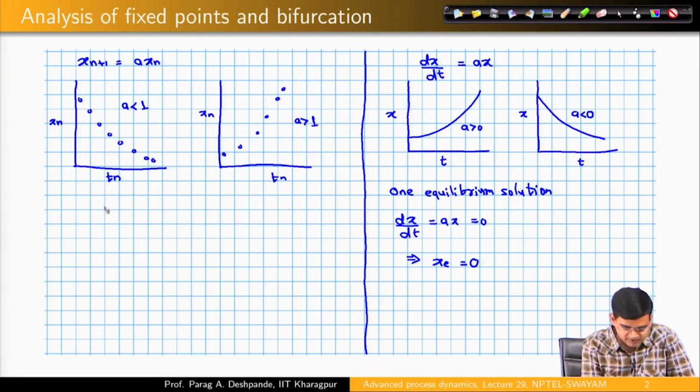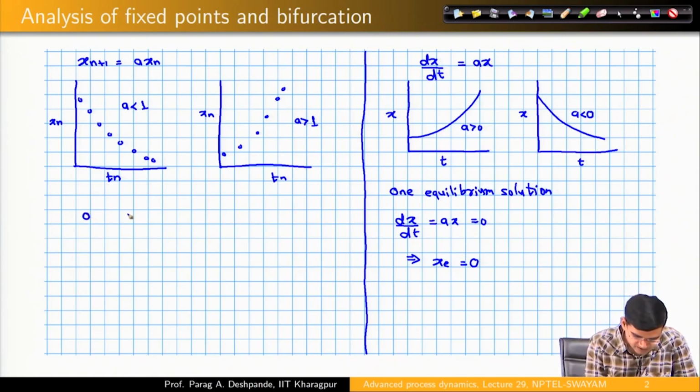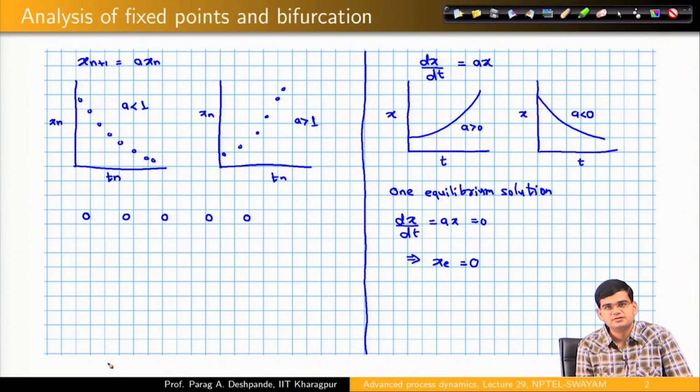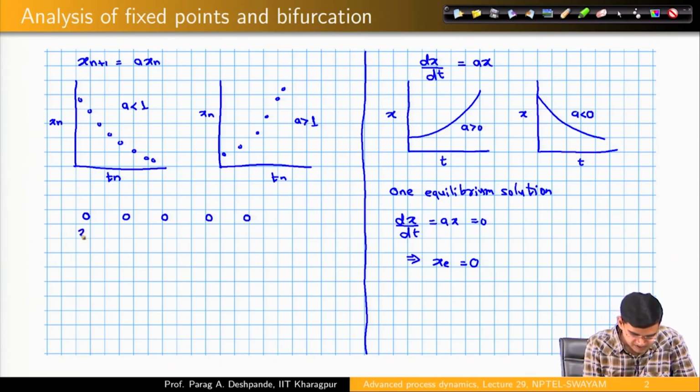So, I have discrete points in my system, and I have say x n, x n plus 1, x n plus 2, x n plus 3 and so on.